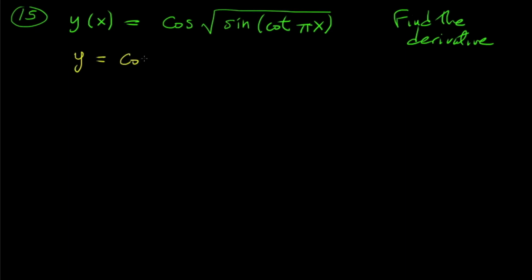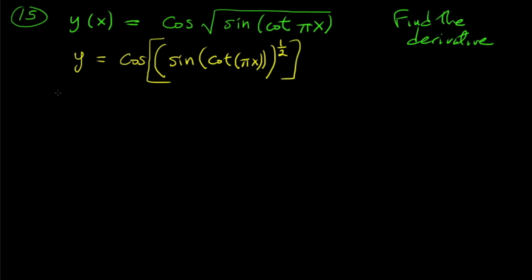So before we take the derivative, I think it might be beneficial to write this as y equals the cosine of sine of cotangent of pi x. And then, right, because it's the square root, it's raised to the power 1/2. We're taking the cosine of all that. Okay, so this is just a repeated application of the chain rule.